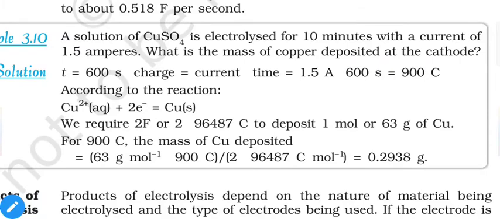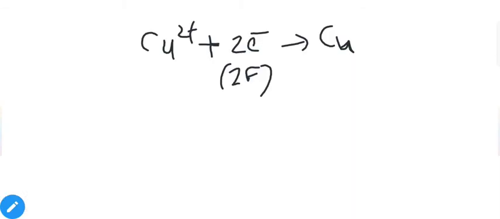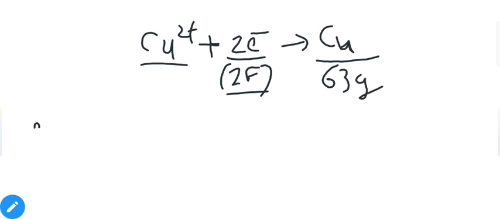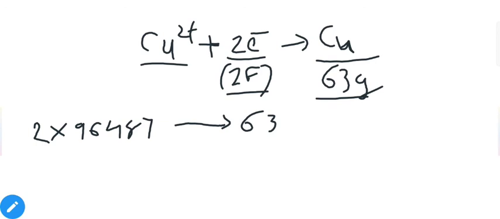Our reaction is Cu2+ uses 2 moles of electron, that means 2 Faraday of current, to get 1 mole of copper metal, which is equal to 63 grams. So 2 Faraday, that means 2 multiplied by 96,487 coulombs gives 63 grams of metal.